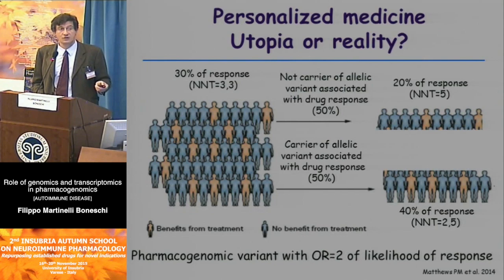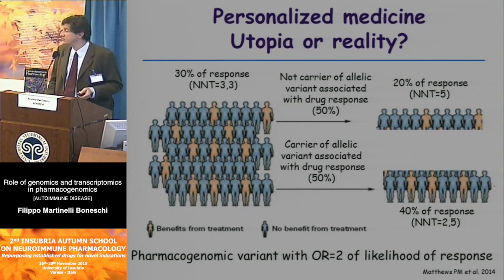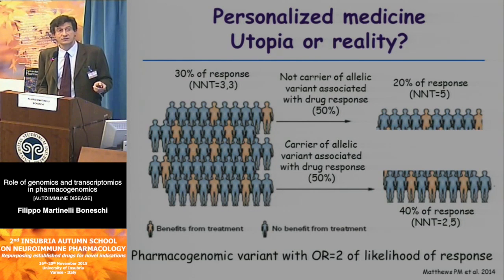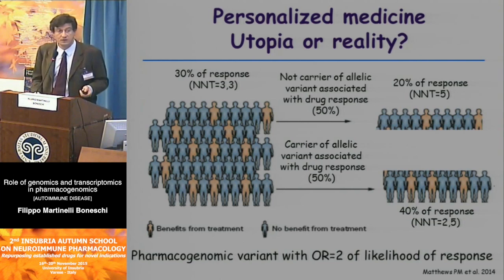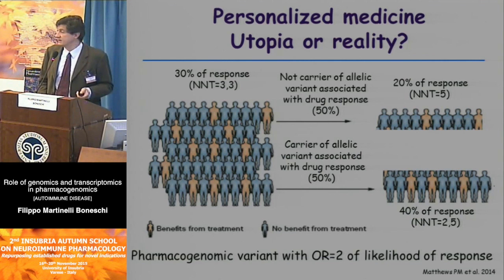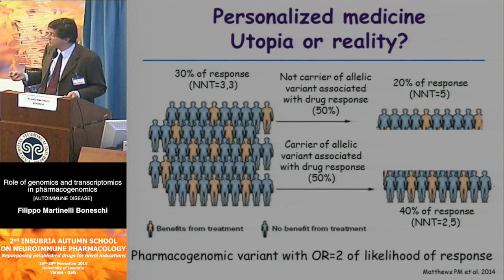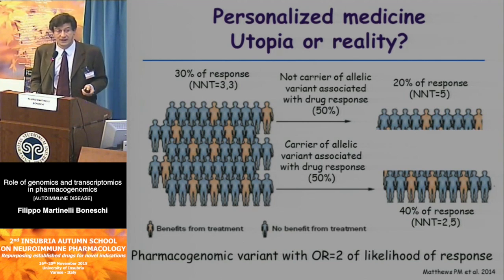Those who do not carry this specific variant have a probability of response to treatment which is 20%, meaning that you need to treat 5 patients to have 1 who benefits from the drug. And the group of patients carrying this allelic variant, which is associated with drug response, have a better clinical efficacy, which is 40%. So 40% of them respond to treatment, which means that you have to treat 2 patients to have 1 who benefits from the drug.